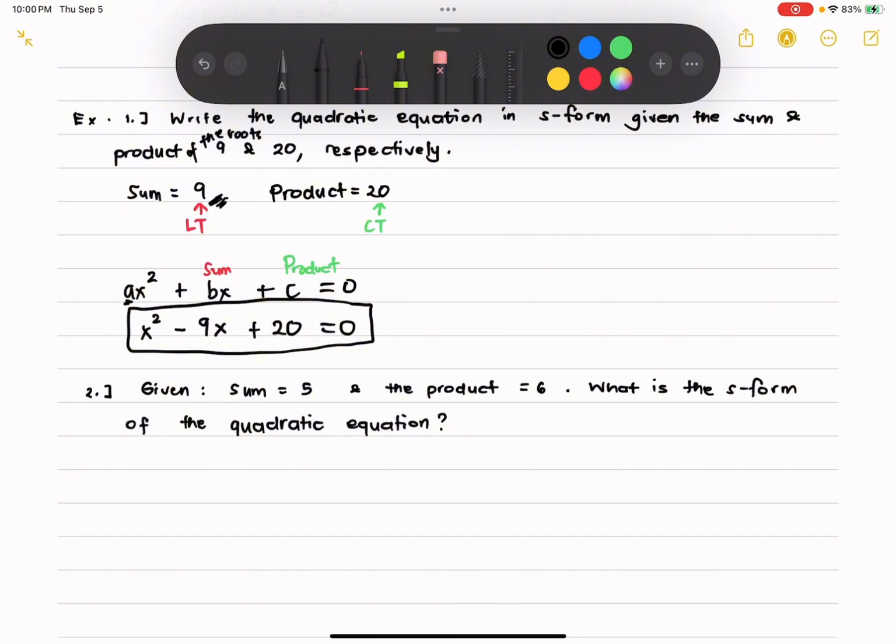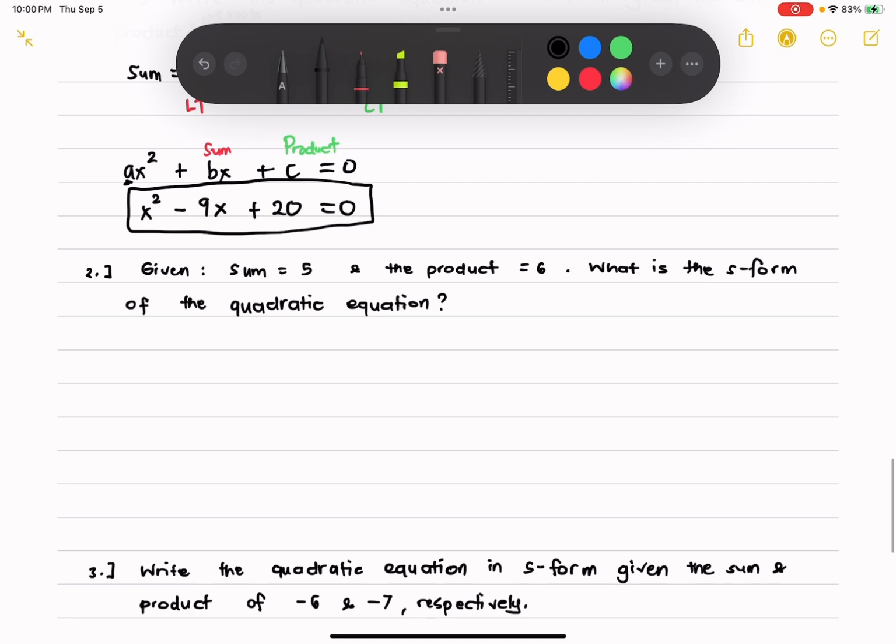So, ngayon, try naman natin yung number 2. Given ang sum na 5 and the product which is 6. So, kapag hindi yan fraction, kapag yan ay whole number, automatic the value of A is 1. Okay? So, kung isusulat lang natin yan, we have x squared. Opposite lagi.